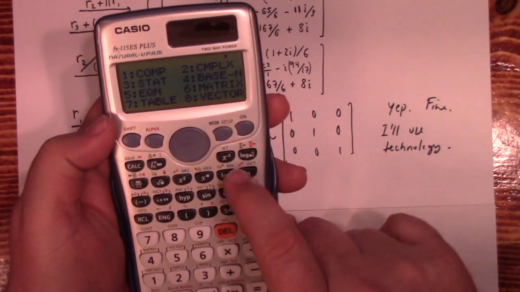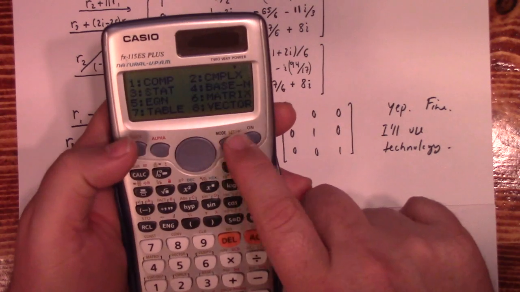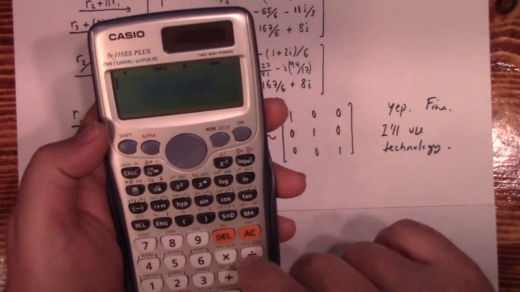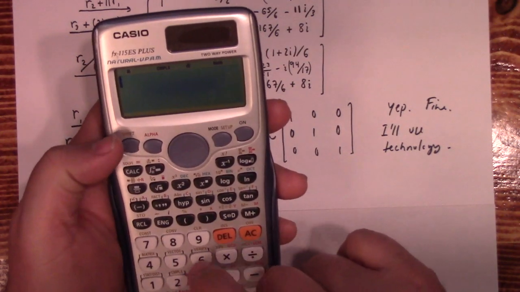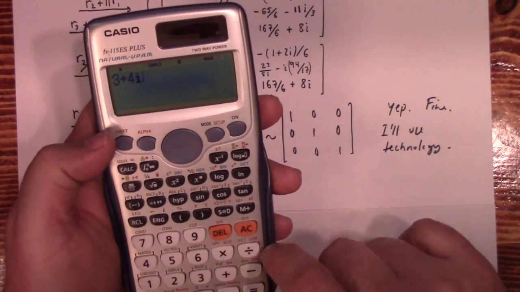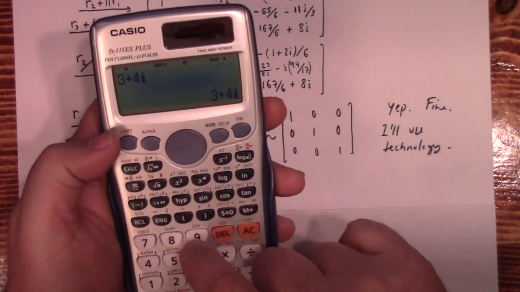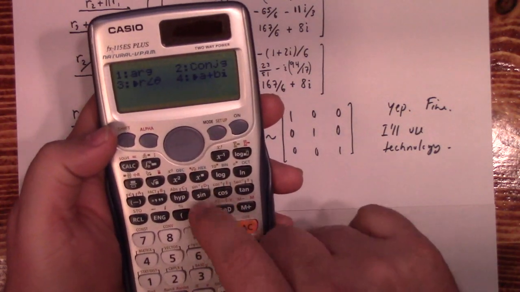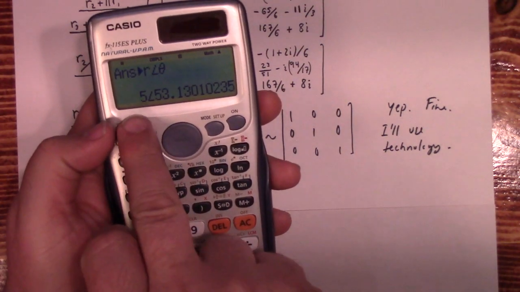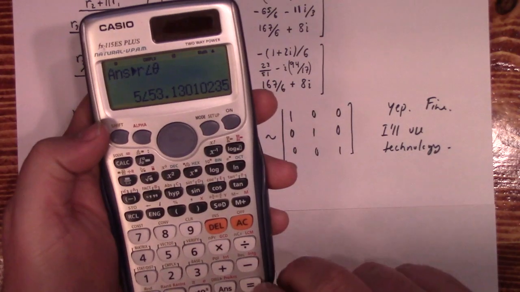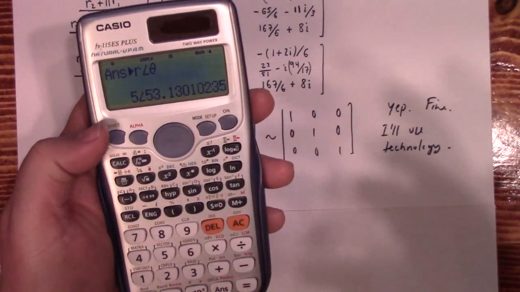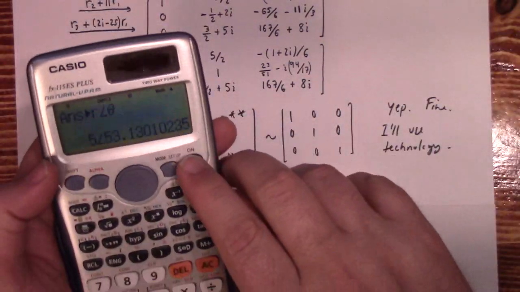If I switch back to degrees, I bet it would tell me the degrees. So let's see here. 3 plus 4i. All right, there's my number. I go complex, 3, the angle and the radius. Check that out. Radius 5, and the angle's 53.13. I think this will find standard angles and such. I'm sorry I didn't teach you this already. I'm just learning it myself.